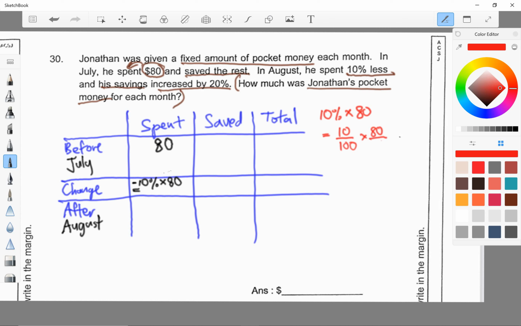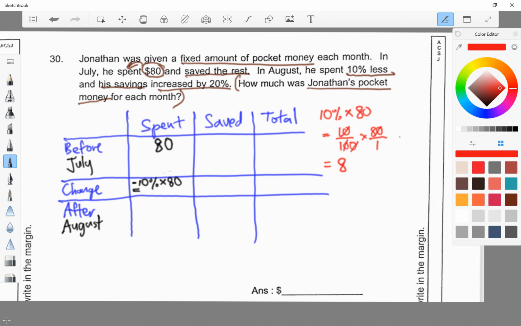So bear in mind that this is the last question for booklet B and calculators are not allowed. So I am required to show my working, if not, I have to be using mental sums. So I'll cancel the 0, followed by another 0, and I'll be left with 1 times 8, which happens to be 8.